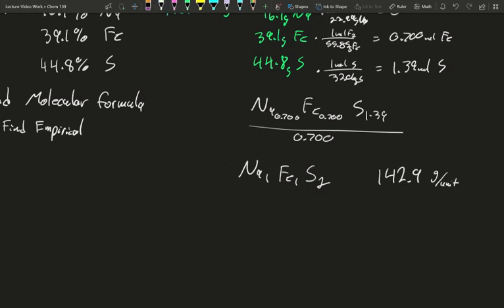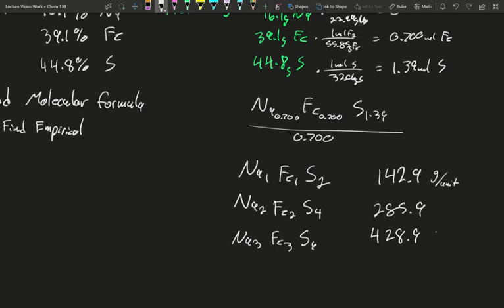Well, if I had double that, so 2 sodiums, 2 irons, 4 sulfurs, add that up, it'd be 285.9. If I had 3, so Na3, Fe3, S6, this would be 428.9 grams for the given unit, which in 1 mole would be grams per mole.